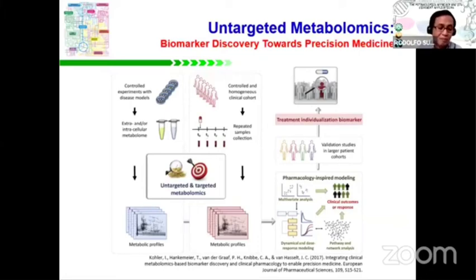However, one of the weaknesses of this is that individuals have inter-individual variation, so you need a large number of samples from your population cohorts to arrive at a metabolite biomarker that can eventually be validated and applied in the clinical setting.